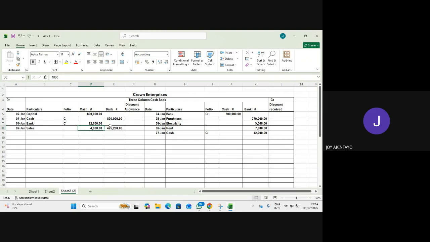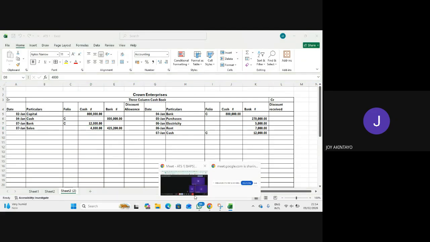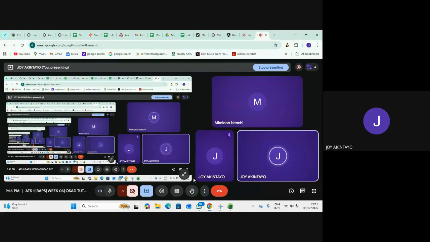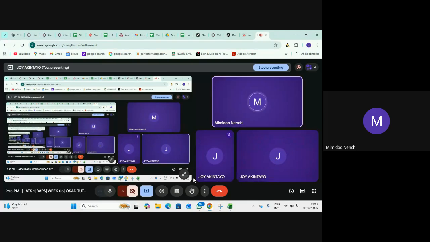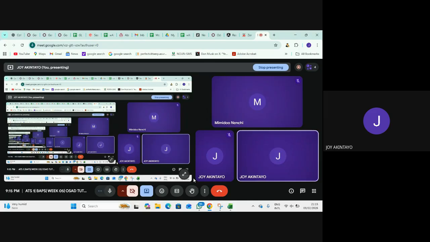Which account are we crediting? Which account are we debiting? We credit our bank and debit Lekan's account, because Lekan happens to be our payable. Yes or no?